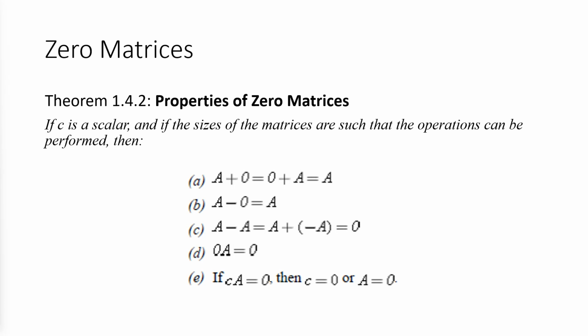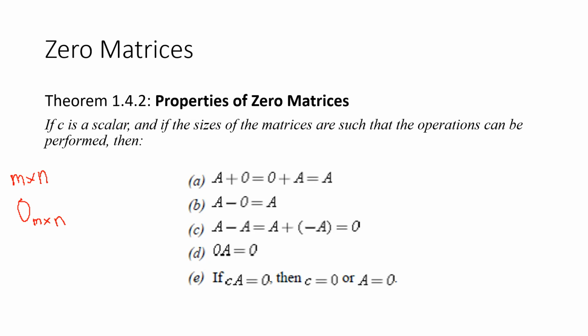We will denote a zero matrix by 0 unless it is important to specify its size, in which case we will denote it by the m by n zero matrix, 0 sub m by n.